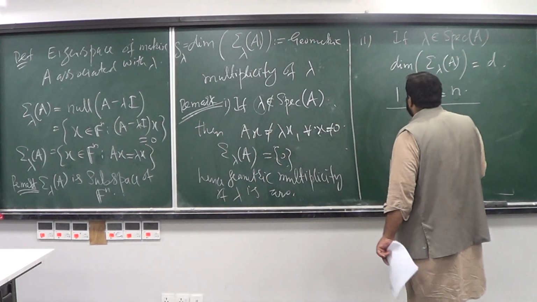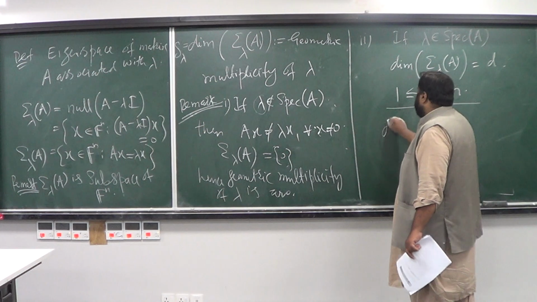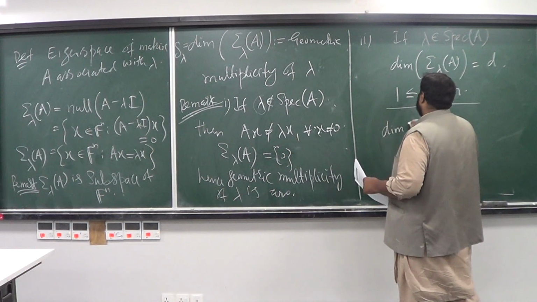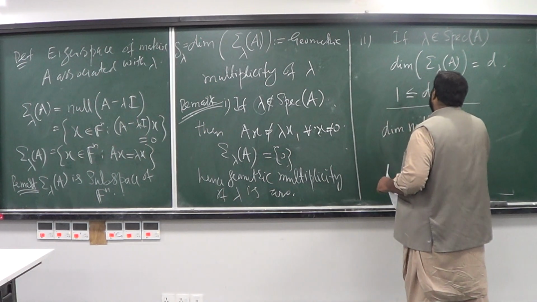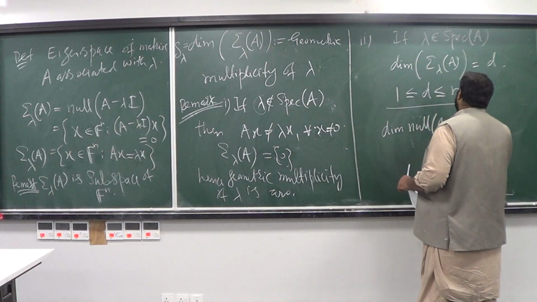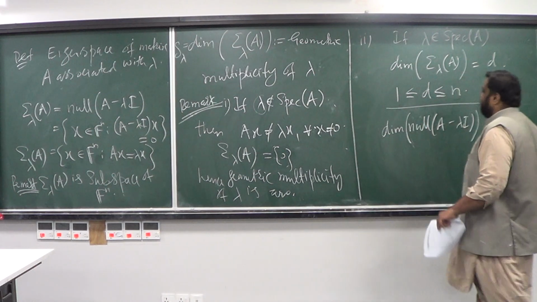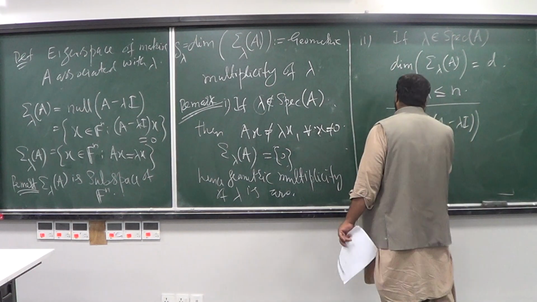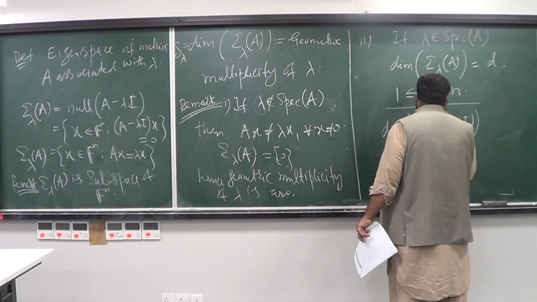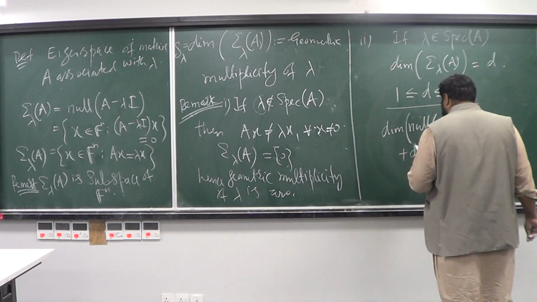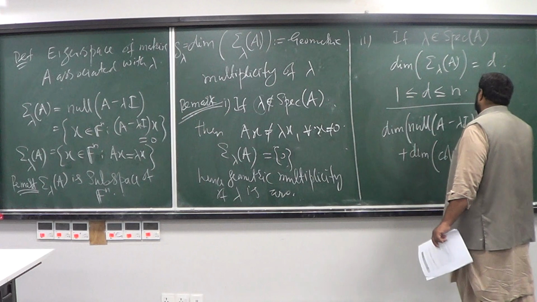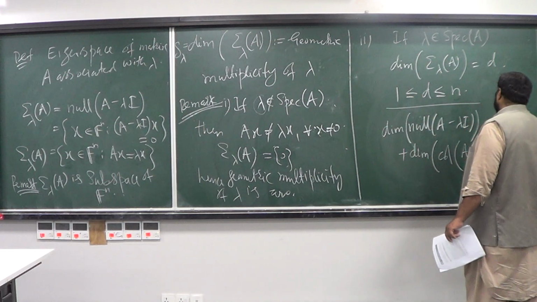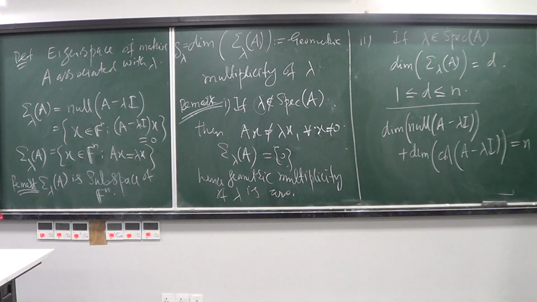Let's use the rank nullity theorem. By the rank nullity theorem, the dimension of the null space of A minus lambda I plus the dimension of the column space of A minus lambda I must be equal to n, the dimension of the entire space Fn.